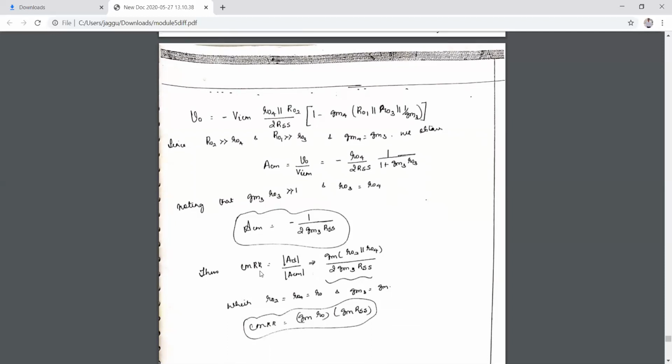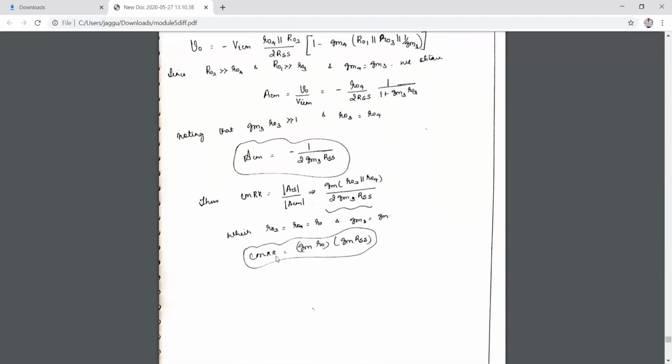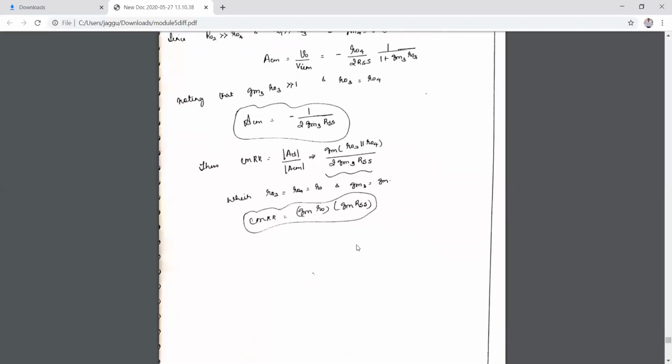If you have this, you take the ratio of differential gain divided by common mode gain. When R01, 2, 4 are equal to R0 and the transconductances are the same, I can write the common mode rejection ratio for this circuit as Gm into R0 into Gm RSS. So the equivalent circuit needs to be considered, indicating the current direction.